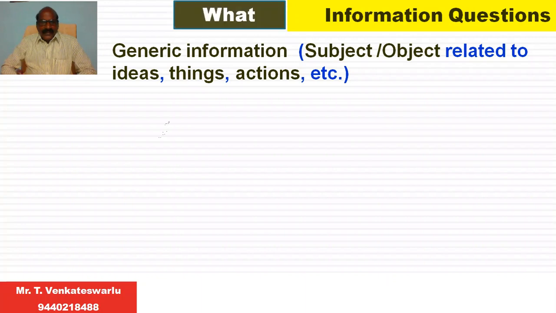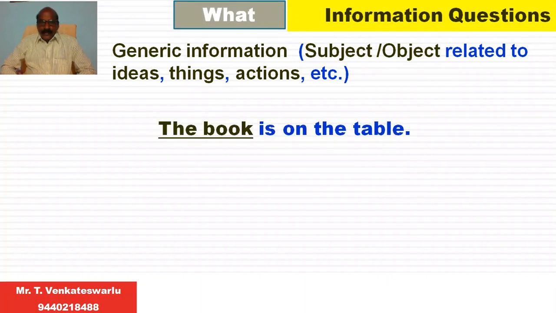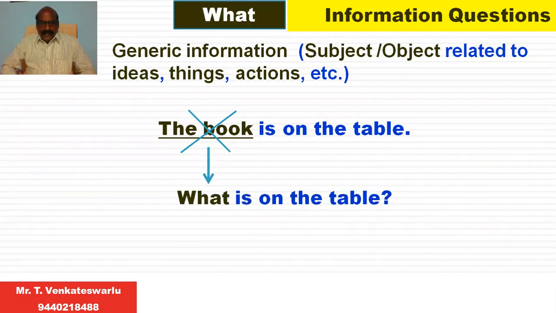And next example, the book is on the table. Here in the sentence, the book is the subject and it refers to a thing, and to get the information question, we have to replace the subject. The subject, the book, is replaced by the question word what.